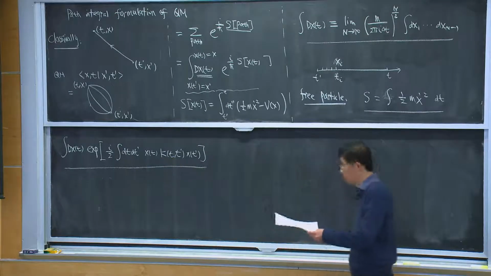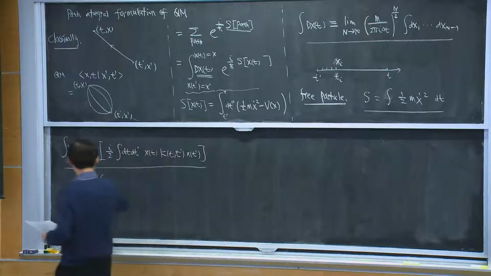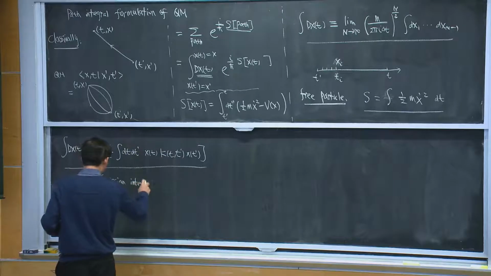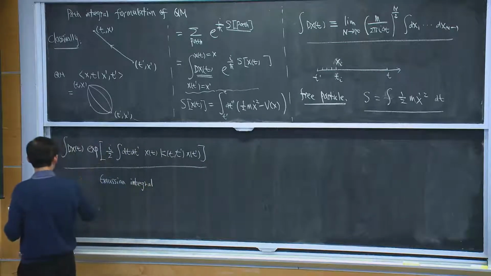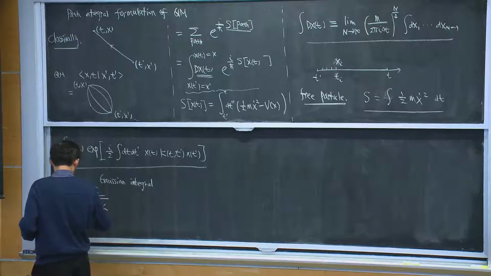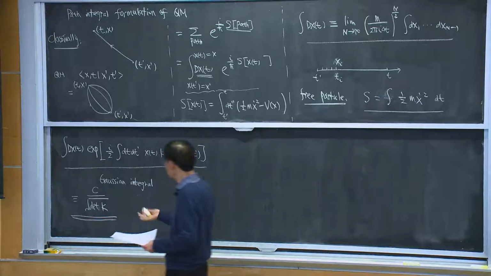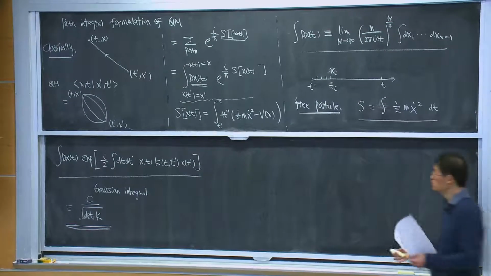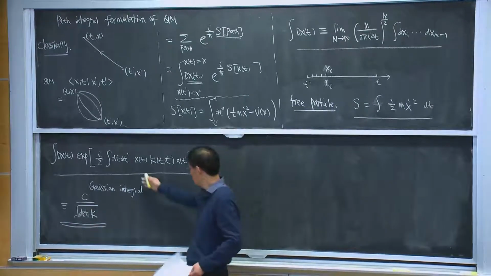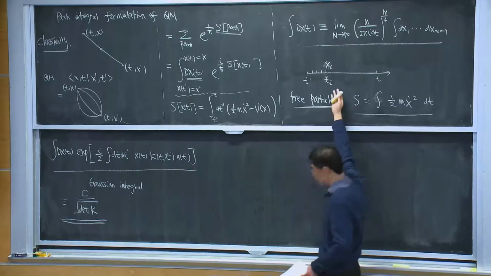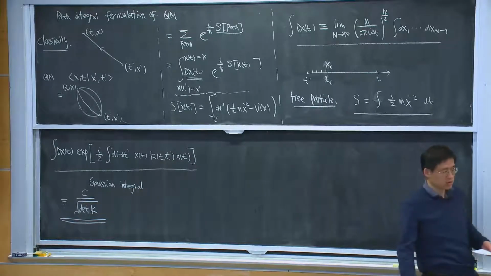And this is a Gaussian integral, and for a Gaussian integral we can just directly write down its answer: it's some constant divided by the square root of the determinant of K. This determinant is defined in the space of functions, and C is some constant. You may also view this as following from the continuum limit of the discrete case.